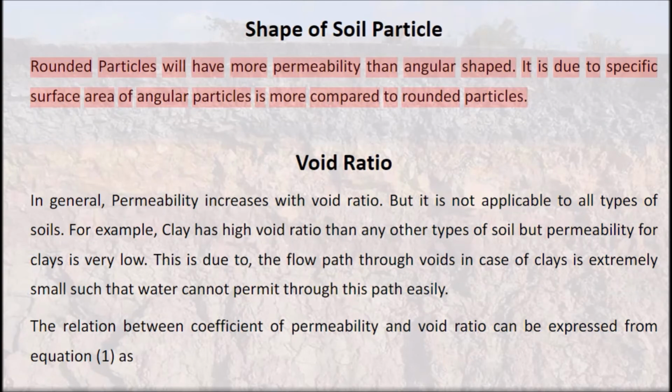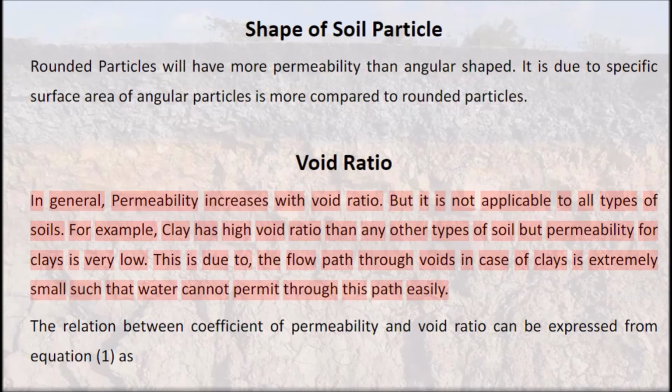Void ratio. In general, permeability increases with void ratio, but it is not applicable to all types of soils. For example, clay has higher void ratio than any other types of soil, but permeability for clays is very low. This is due to the flow path through voids in case of clays being extremely small, such that water cannot permit through this path easily.